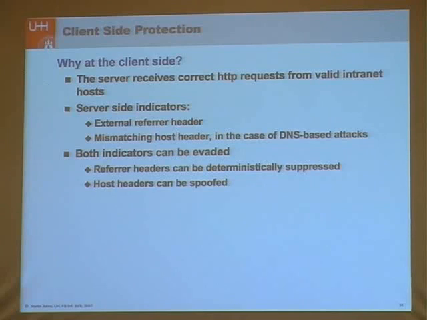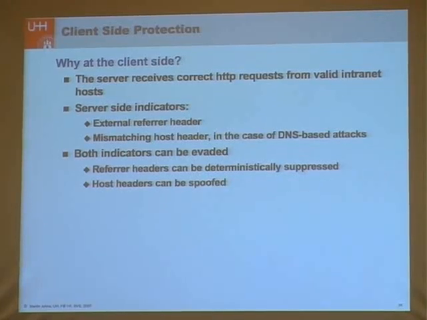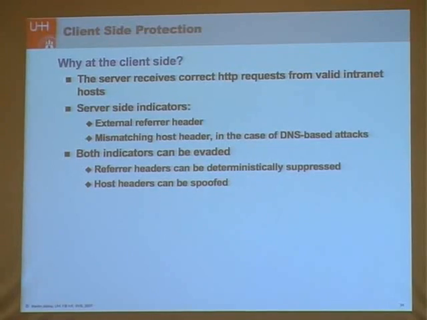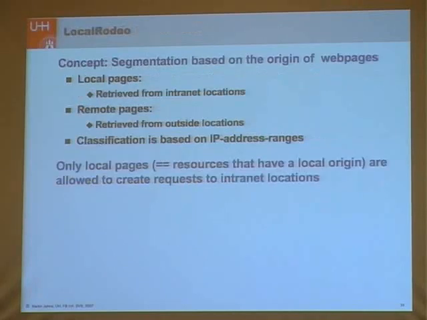The referrer header might be set to something like external attacker org, and the host header in a DNS rebinding attack, if the attacker only relies on JavaScript, is also mismatching. But there are various techniques to get rid of that reliably. And as I told you already, using Java objects via Live Connect, or using Flash, we can create our own host headers. So everything is useless.